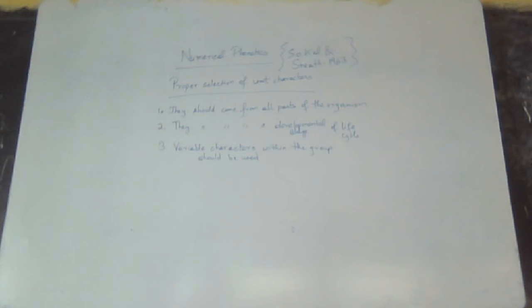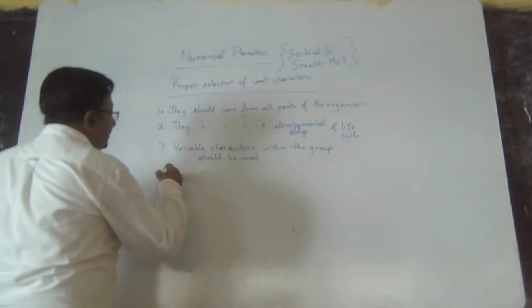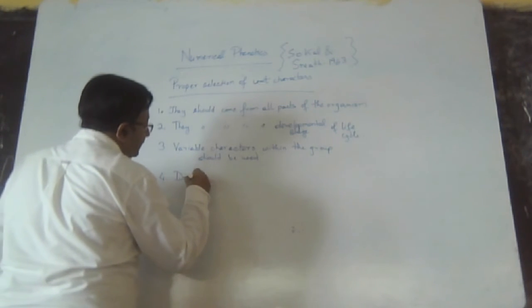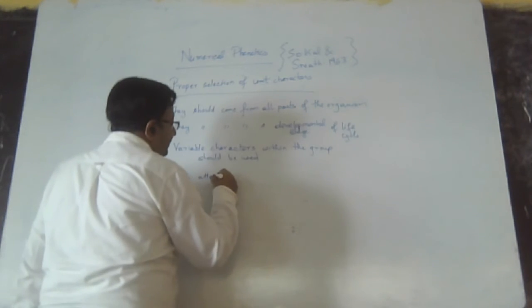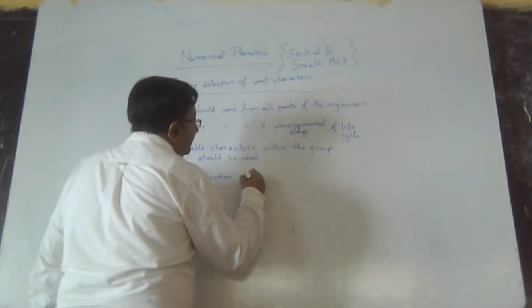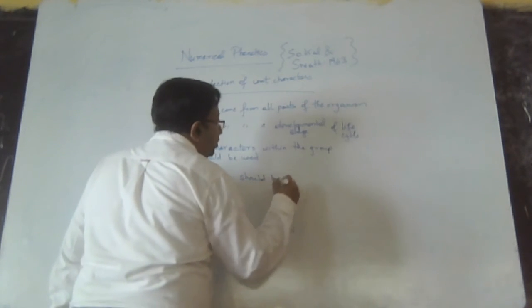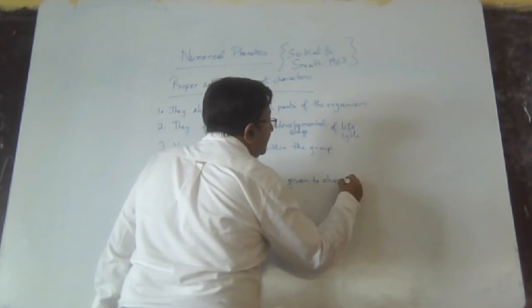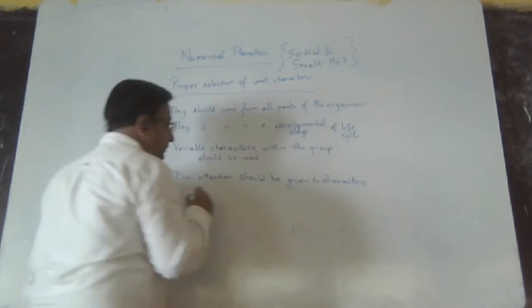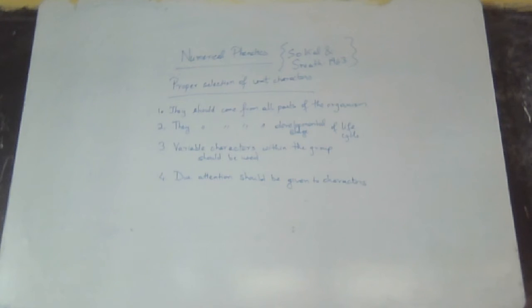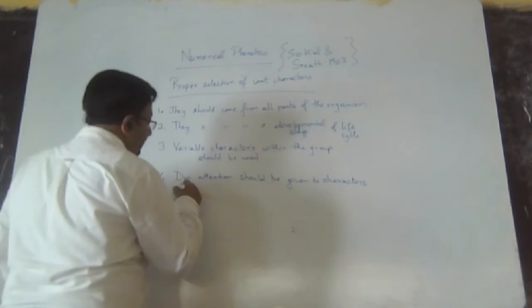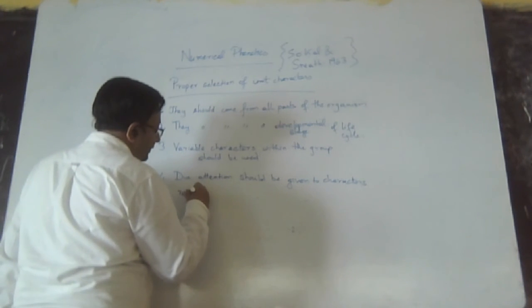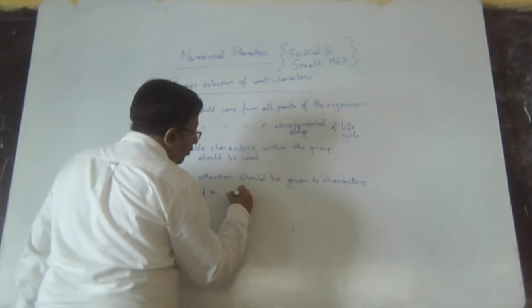And the fourth is, due attention should be given to characters on the basis of morphology, physiology, ecology, and distribution of the organism.